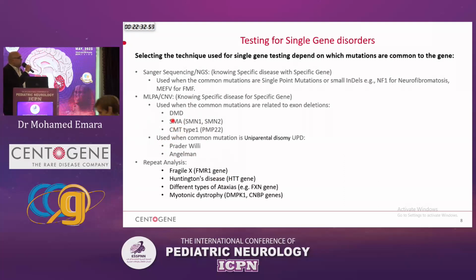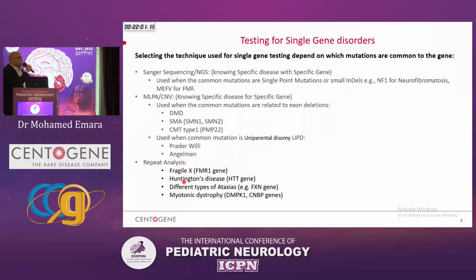Also, the MLPA technique can detect uniparental disomy, UPDs, for example in Prader-Willi syndrome and Angelman. Examples for the repeat analysis that we were talking about are Fragile X syndrome, which is related to the FMR1 gene, Huntington disease, related to the HTT gene, and myotonic dystrophies like DMPK and CNBP for myotonic dystrophy type 1 and type 2.